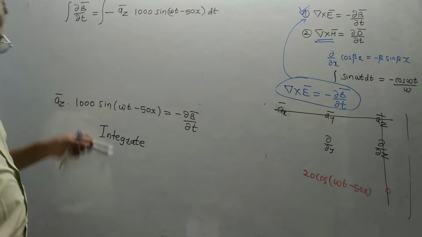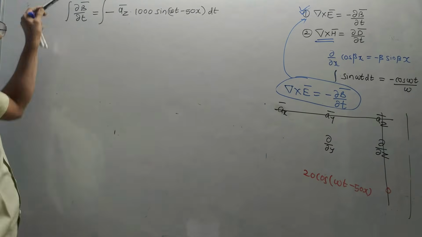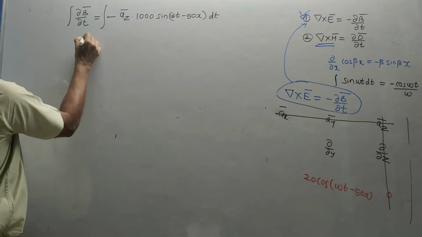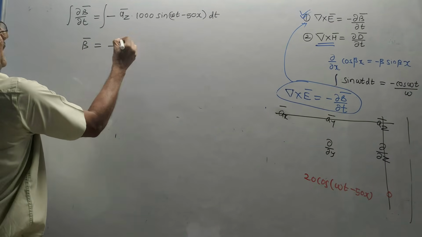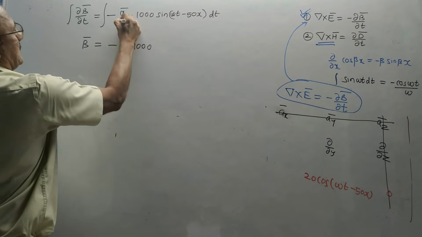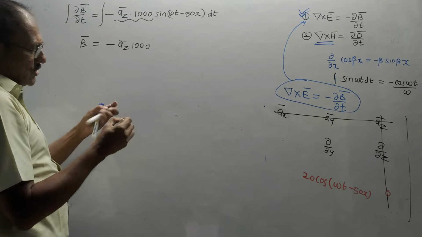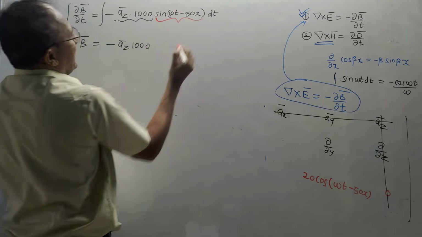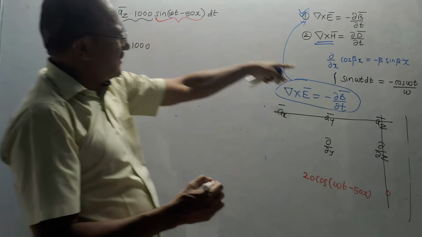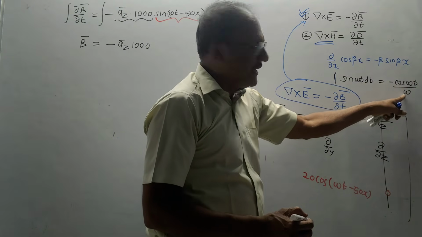Now I need to solve this integration. As we discussed earlier, the integration and derivative signs vanish, so at the LHS I will be getting only the term B bar. This minus AZ bar and 1000, these terms, I have taken outside the integration. Now consider the integration of sine(omega t minus 50x). Integration is with respect to t. Do remember one simple formula: the integration of sine omega t is minus cos omega t upon omega.